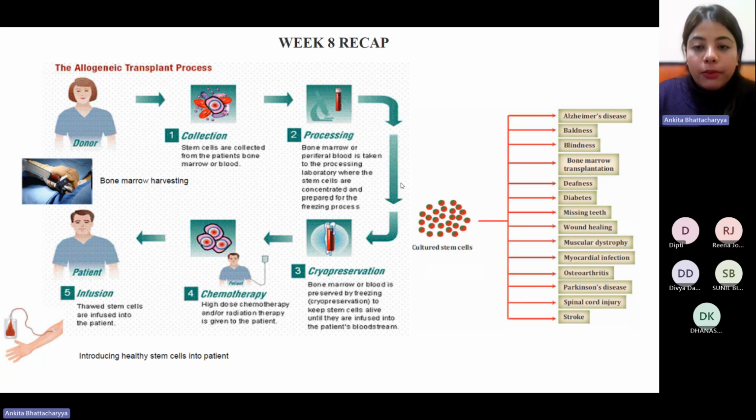Apart from this, we can see that stem cells are also used in a huge number of other applications as well. For example, for understanding and trying to correct Alzheimer's disease, for baldness, for blindness, bone marrow transplantation, which we've already discussed, for deafness, diabetes, missing teeth, wound healing, muscular dystrophy, myocardial infarction, osteoarthritis, Parkinson's disease, spinal cord injury, and strokes.